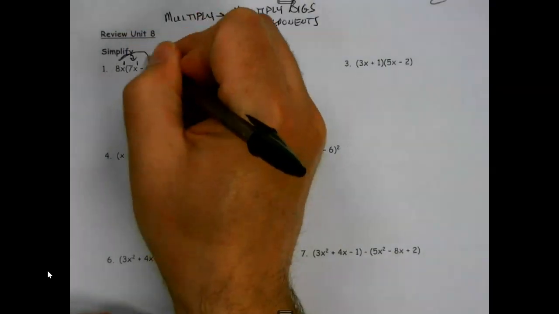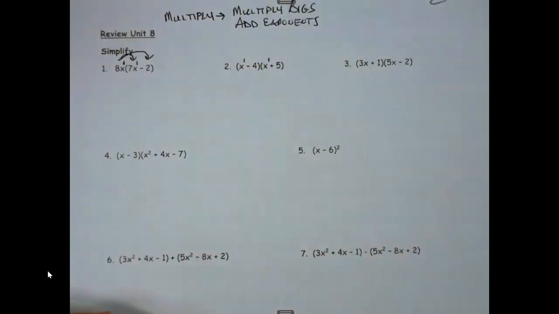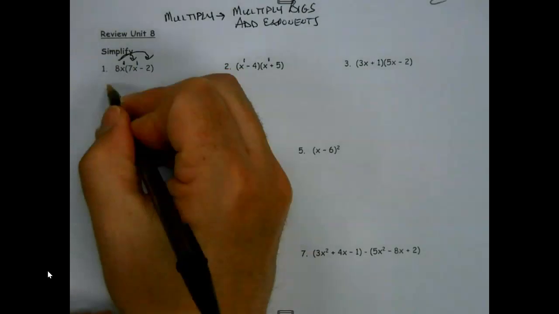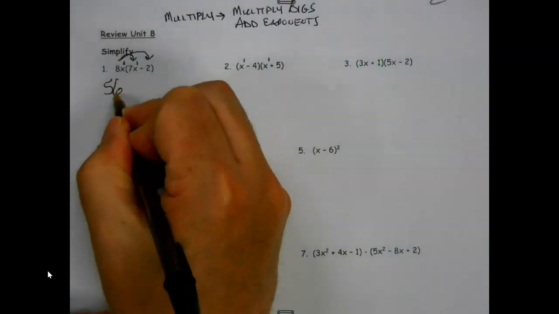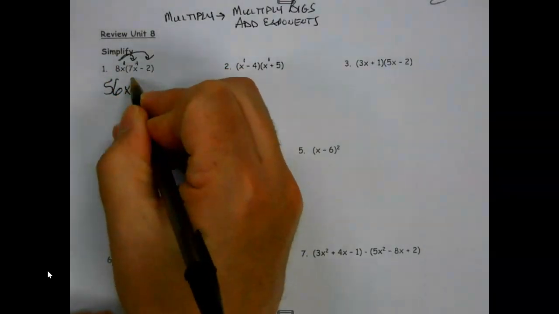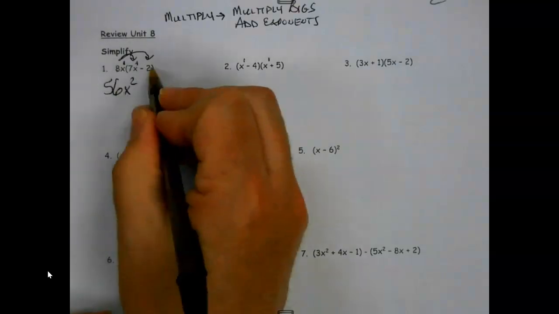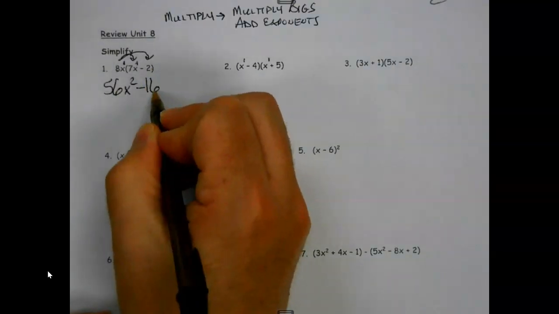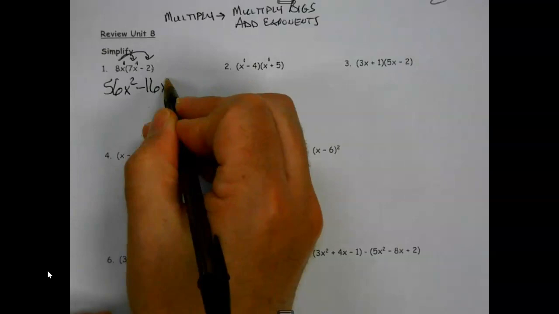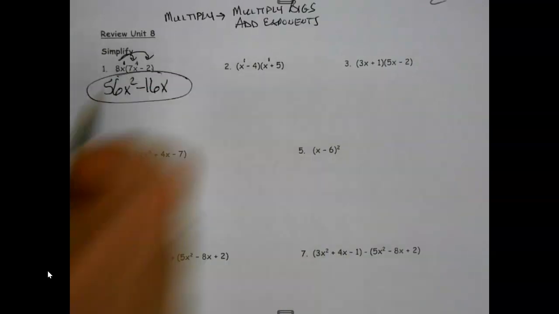So, for instance, on this first one, if I distribute, multiply the bigs, add the littles. Multiply the bigs. There are no other littles to add. I'm just done.